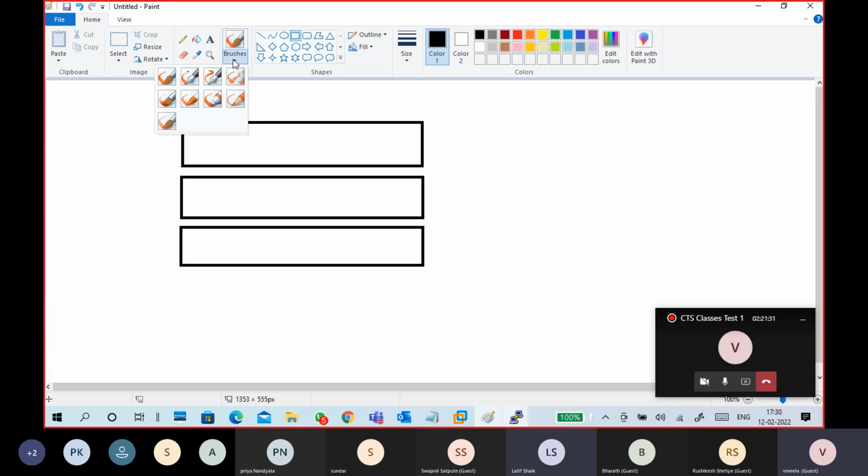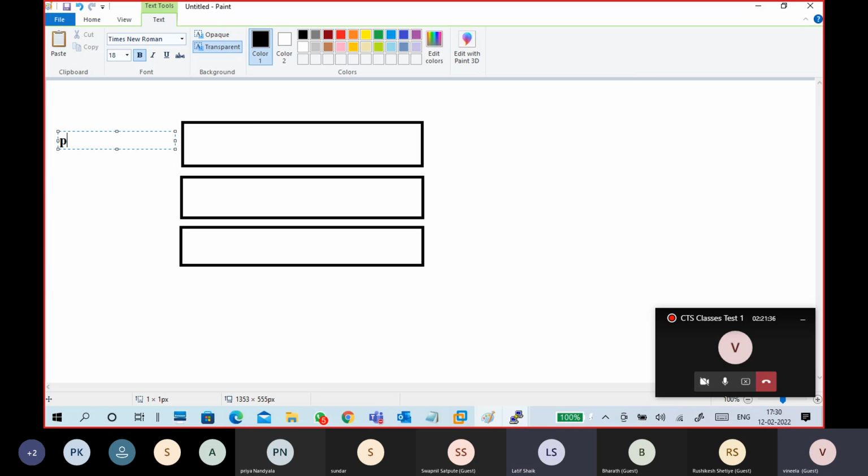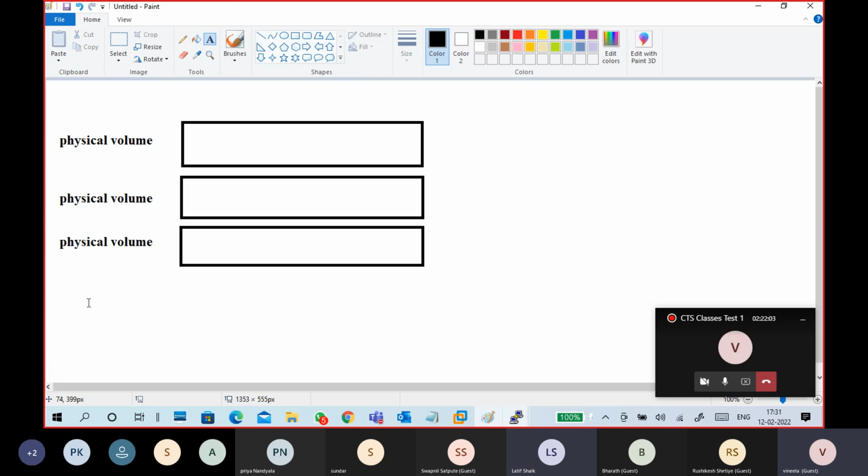Remember, each hard disk is a physical volume. So how many hard disks are you using? First we have to tell each one that it is a physical volume.